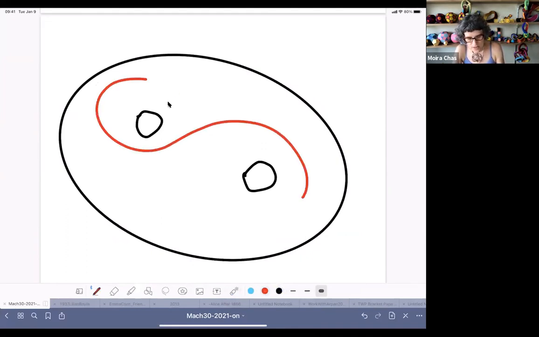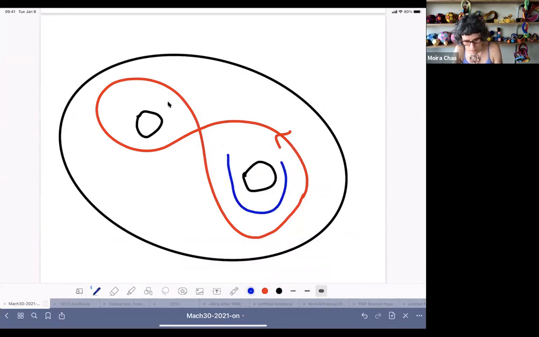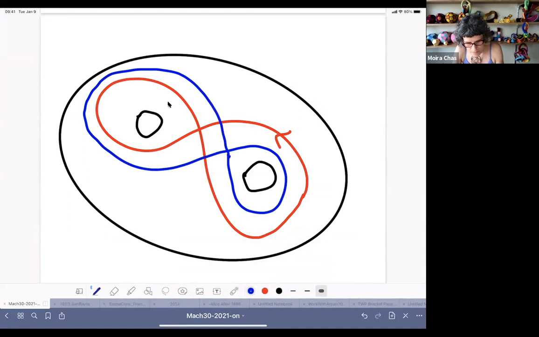So let's take this curve, and let's take the same curve with the opposite orientation. So here it goes like this.